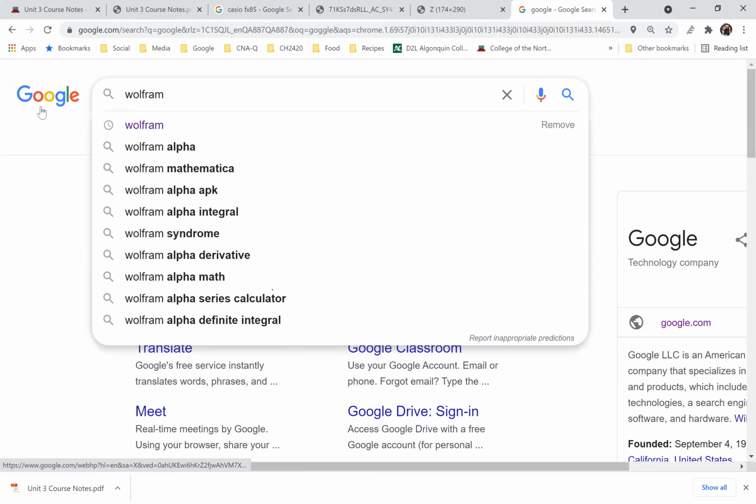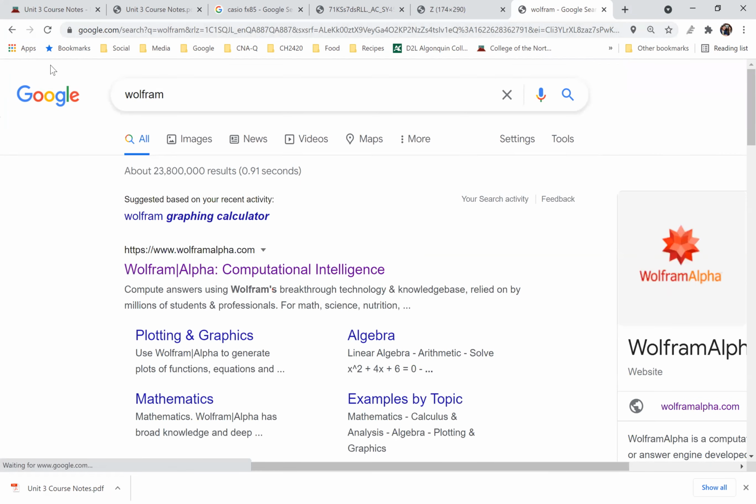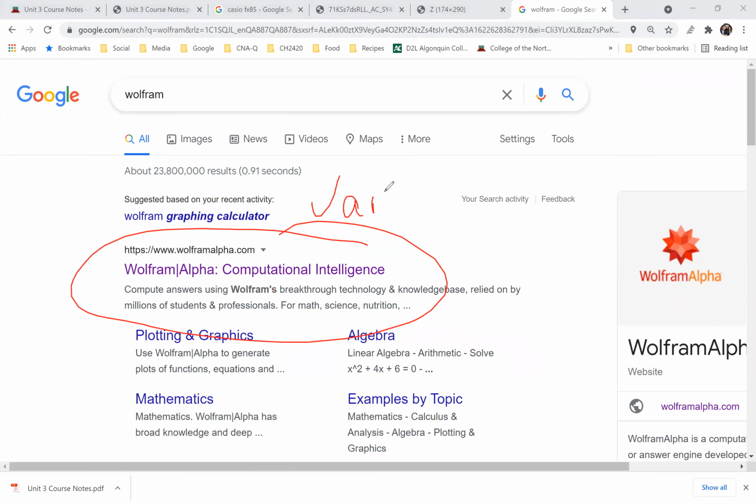Hit enter, sorry. And this calculator, which you can see is purple for a reason because I still use it to this day, will solve for variables.